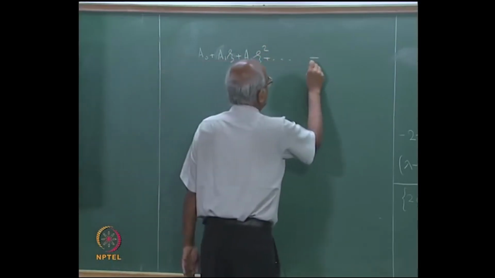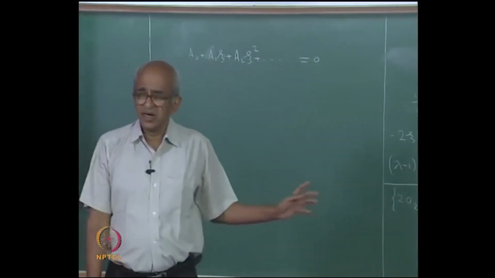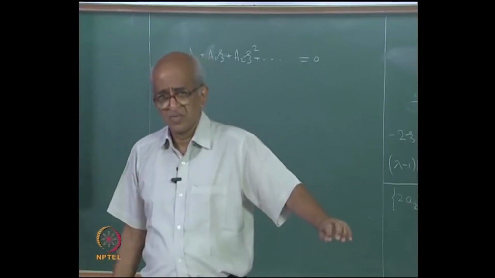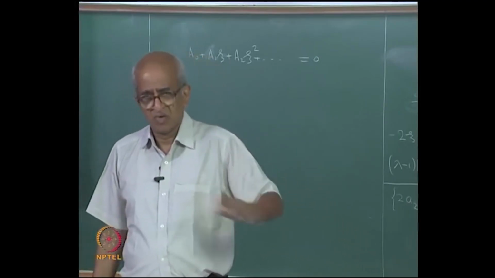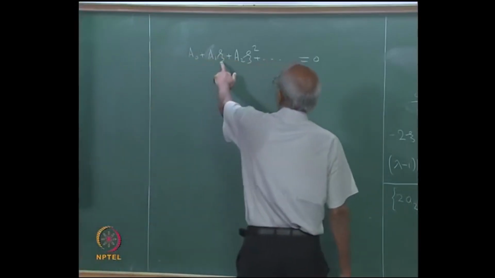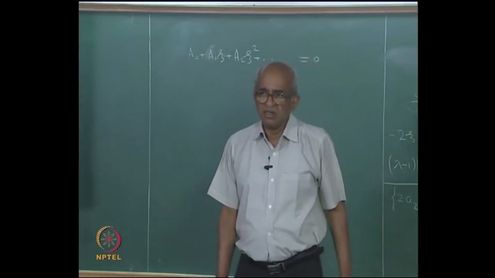That is the form of this equation speaking in general, and this has to be identically equal to 0. It has to be 0 for all values of c. Whatever value of c you put in there, this has to be equal to 0, correct.